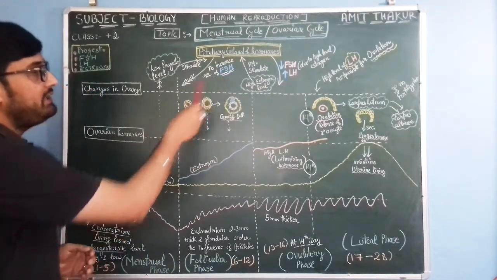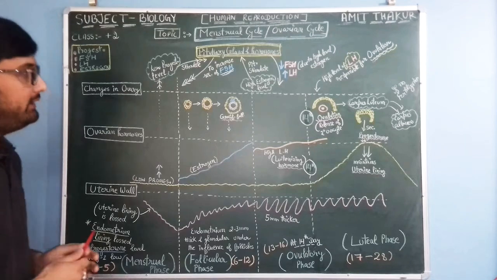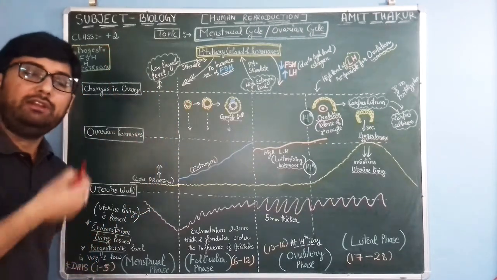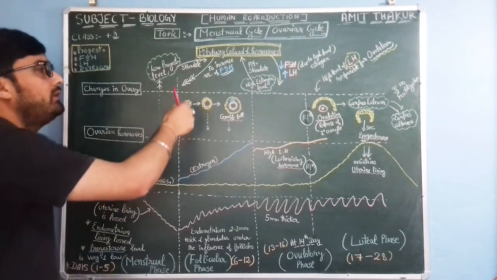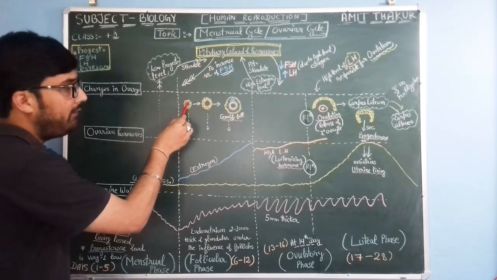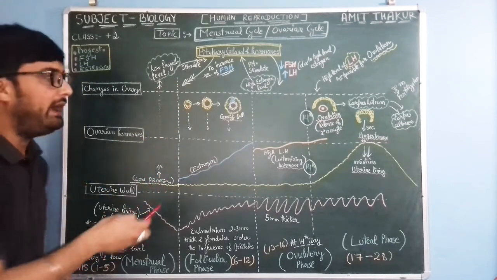So FSH is marked with development in follicular cells, and among many follicular cells, one cell would start becoming a primary oocyte.